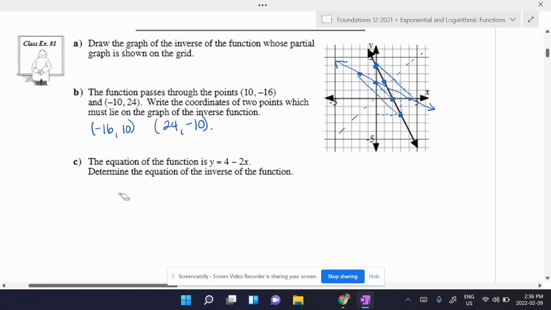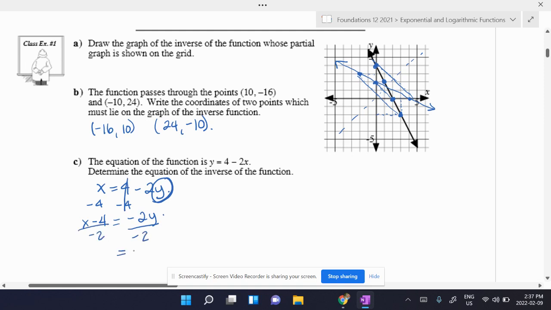Okay. So if I'm looking for this, I'm going to exchange my x and y. x equals 4 minus 2y, and then I have to solve for y. So I'm going to start with the opposite of BEDMAS. So I'm going to have x minus 4, and minus 4 and 4 cross each other out. So then I'm going to have the equals minus 2y, and then I'm going to divide by minus 2, minus 2.